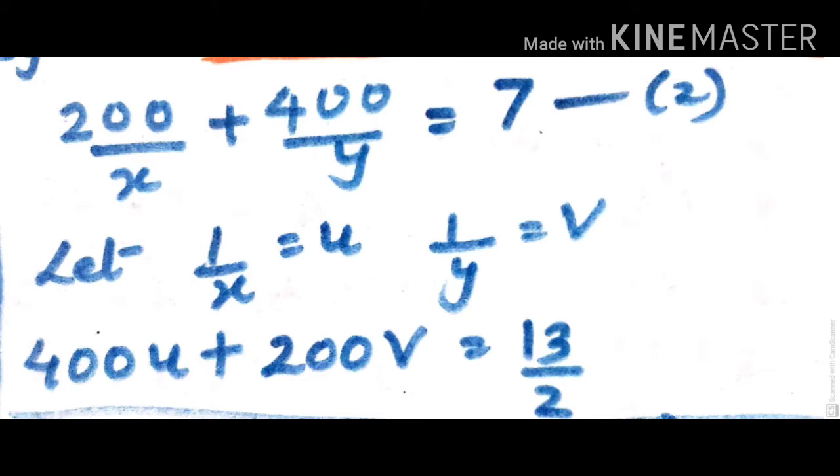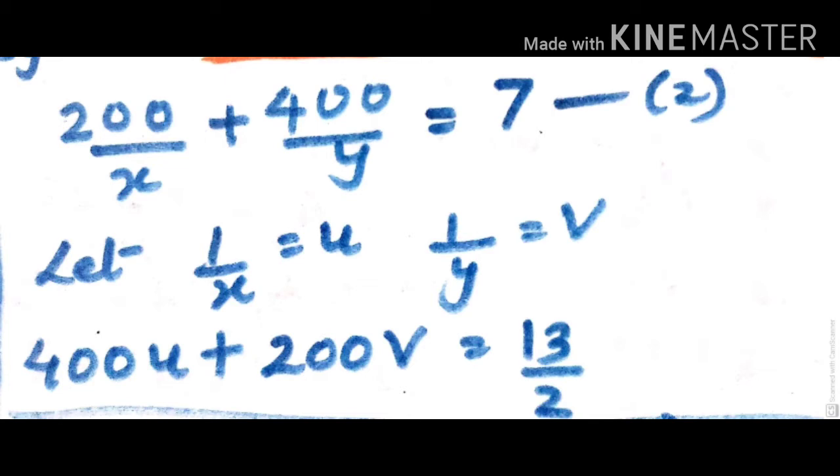Now students, in exercise 5A I already explained that whenever the variable comes in the denominator of the equation, how do we solve it? We first remove the denominator by taking 1 by x as u and 1 by y as v, and we change our equations into uv form.